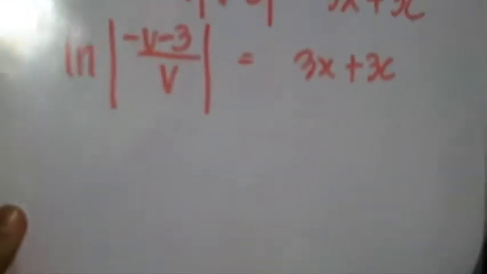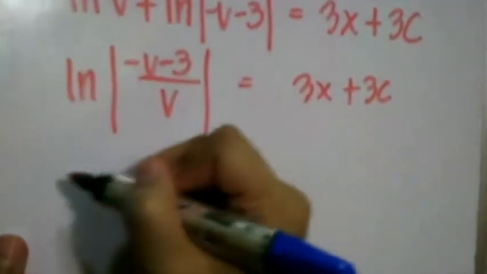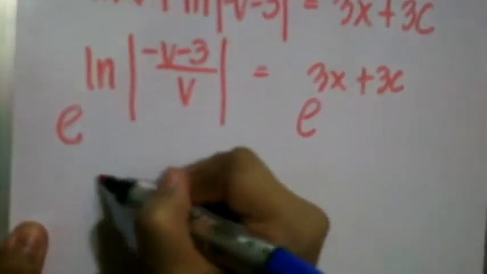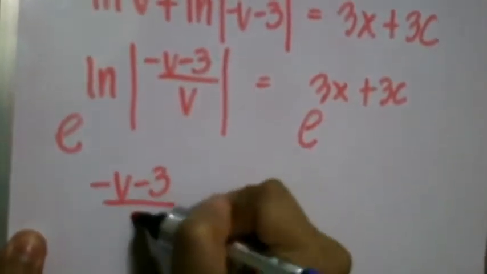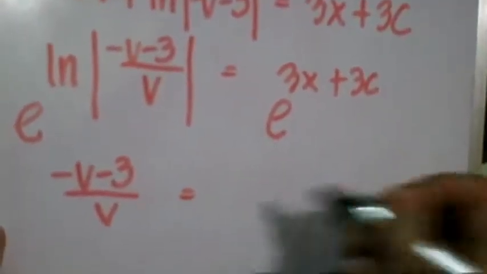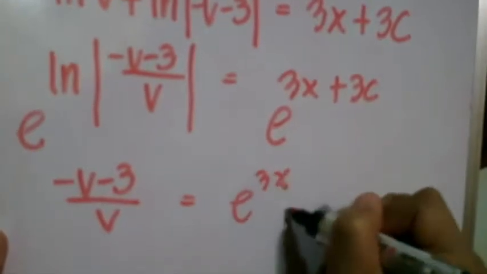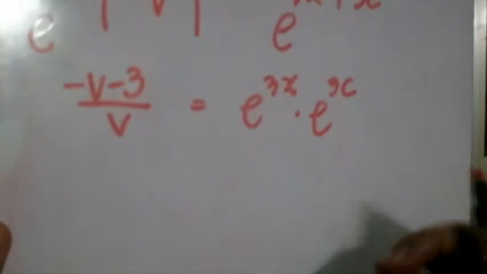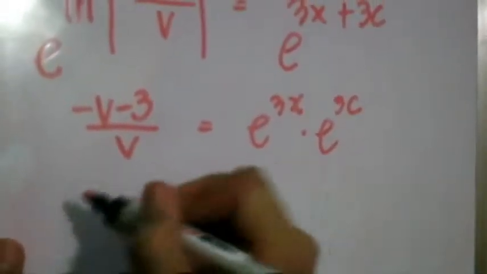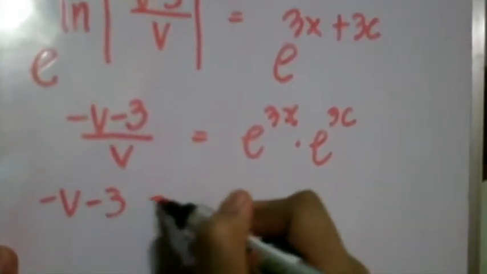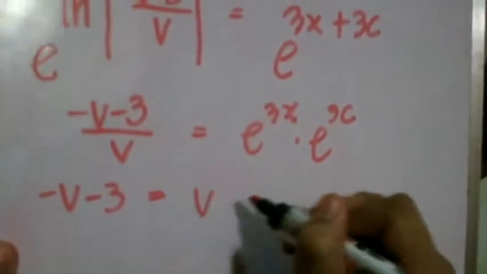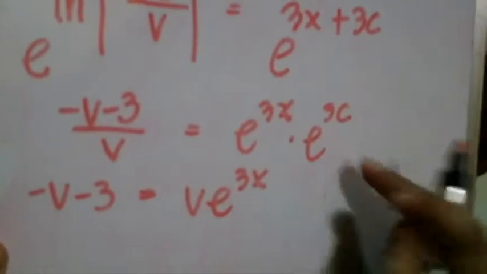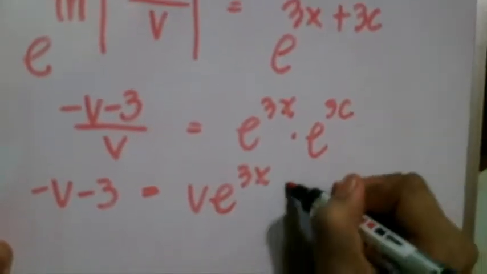And applying e on both sides, we have negative v minus 3 over v is equals to e to the 3x times e to the 3c. So, cross multiplying, we have negative v minus 3 is equals to v times e to the 3x, and representing this constant variable with c.